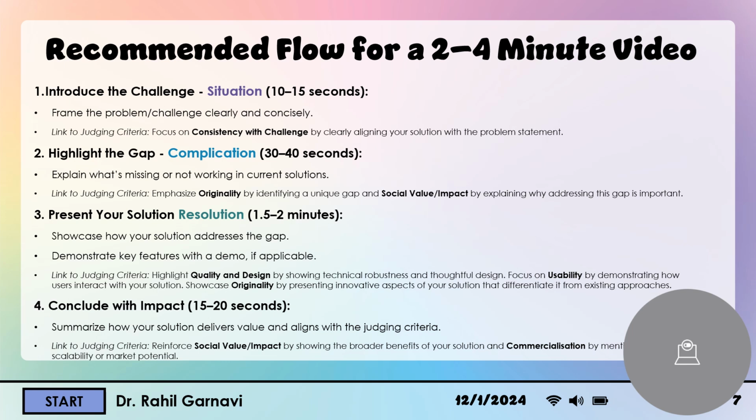Use about 30-40 seconds to highlight what's missing or not working in the current solutions. Remember to touch on social value and impact and commercialization by explaining why solutions to this gap matters and how it addresses unmet needs.